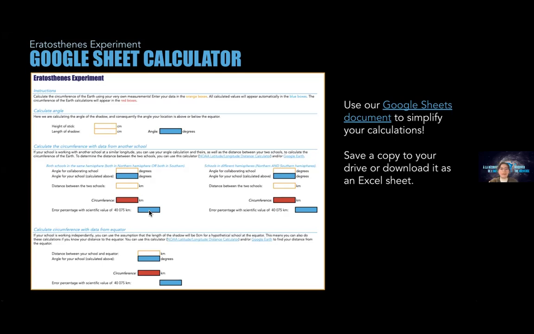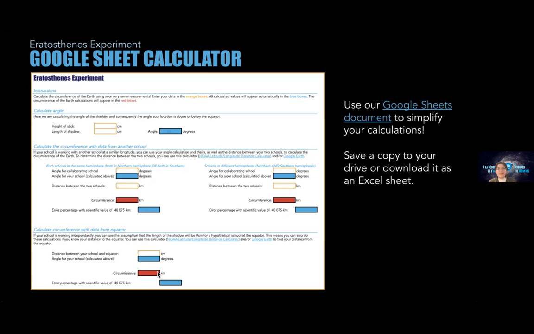If you're working with a school in a different hemisphere, you're in the northern and the other school's in the southern hemisphere, don't worry, just use the other option on the right side. If you are not working with another school, you're just using data from the equator, so you're assuming 0 degrees, you will input the distance between your school and the equator. Again, the angle will carry down, and it'll calculate the circumference for you as well as that error percentage.